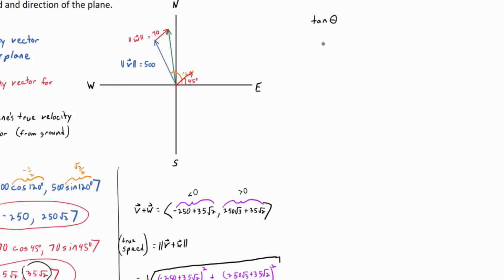The tangent of theta is, well, we're just going to take this component over this component. So 250 radical 3 plus 35 radical 2, that's your B, divided by negative 250 plus 35 radical 2, that's your A.